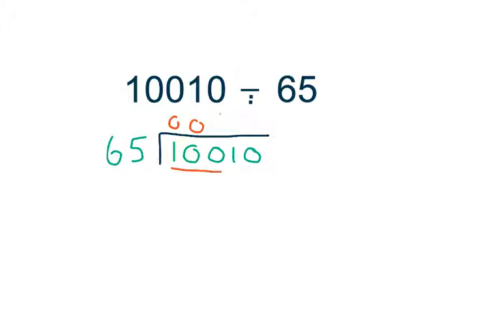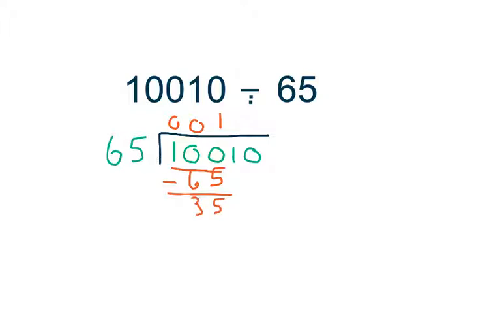It can divide into 100 one time. So now I'm going to multiply 1 times 65. That is 65. And subtract. Doing this subtraction, 100 subtract 65 leaves me with 35.